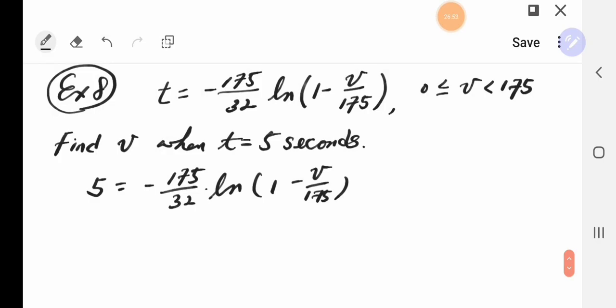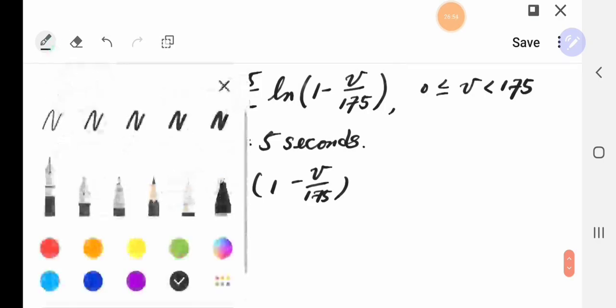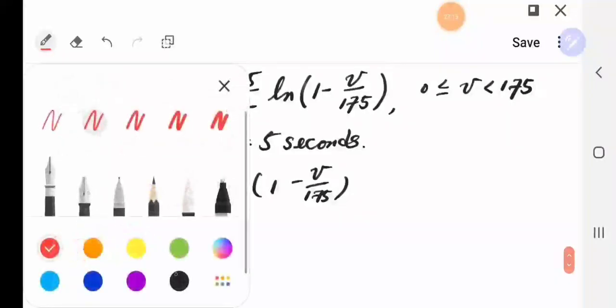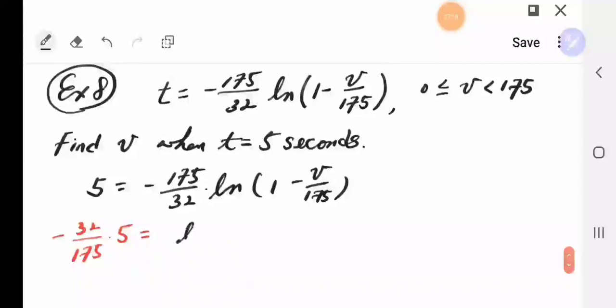So why don't we multiply each side by the reciprocal of this one. So there will be negative 32 over 175 on each side times 5 is equal to, the right side is just the natural logarithm.